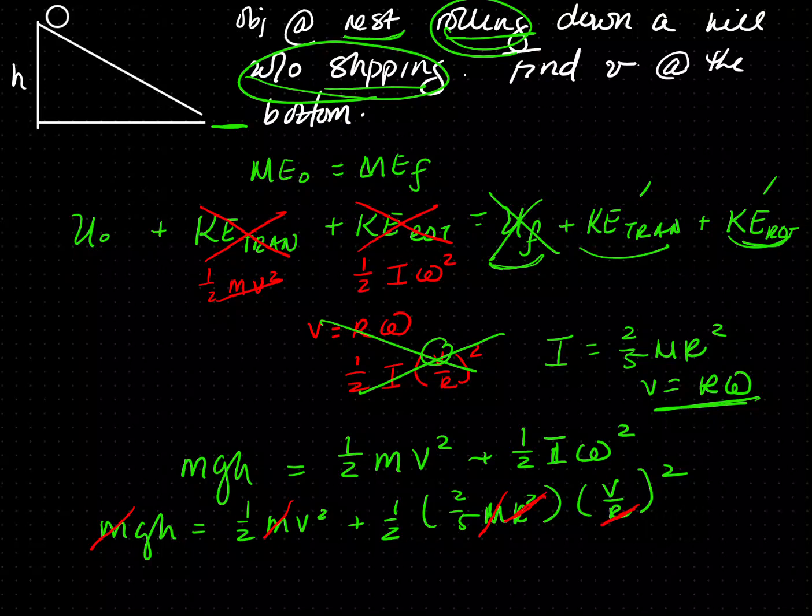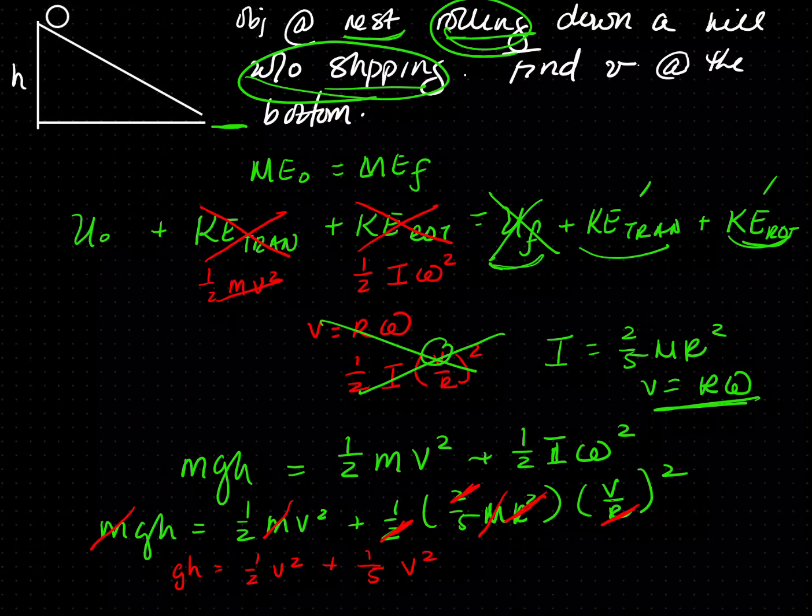If I simplify this, this becomes gh equals 1/2 v squared plus, there's a 2 on the numerator and a 2 on the denominator, so this becomes 1/5 v squared, because this is omega squared, so it's v squared over r squared.